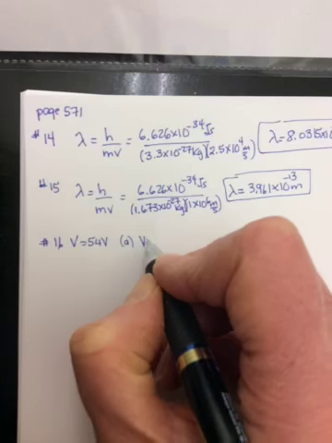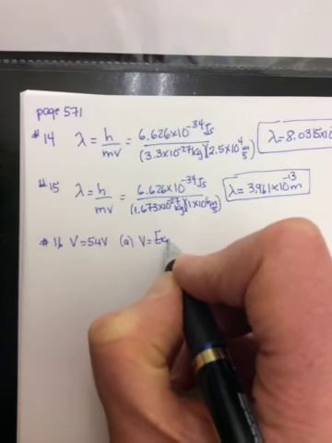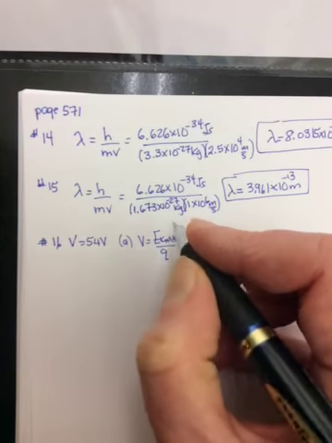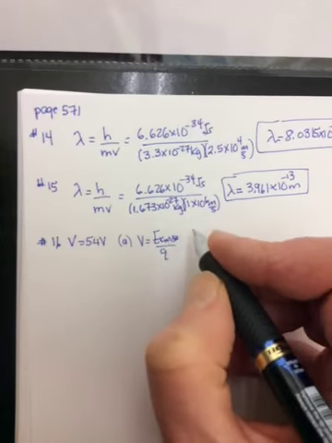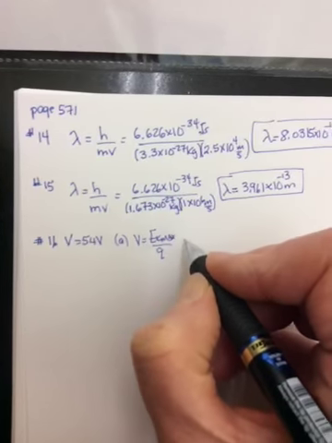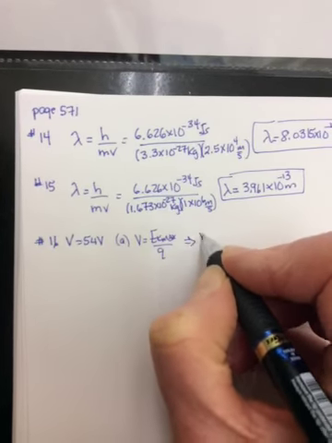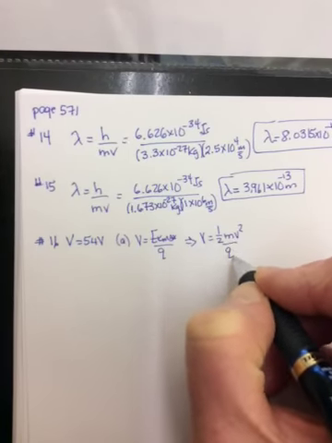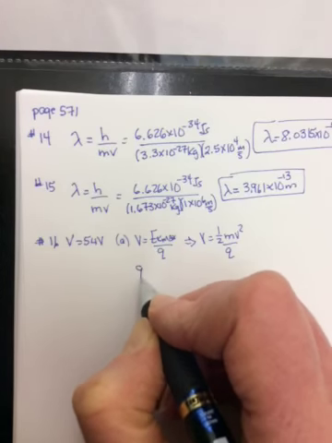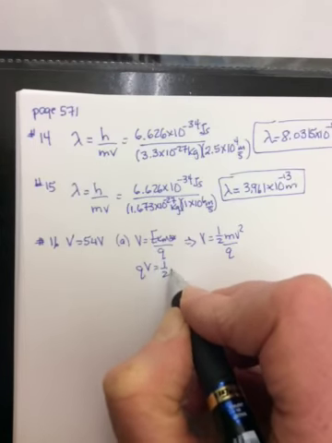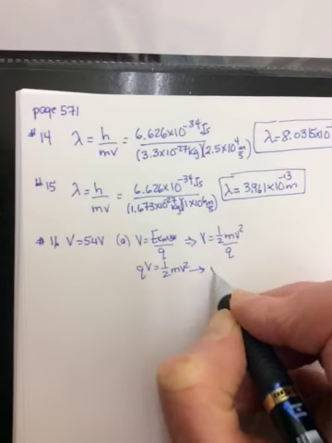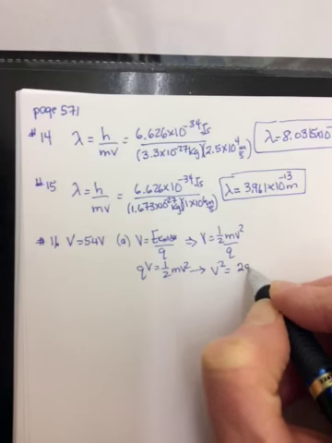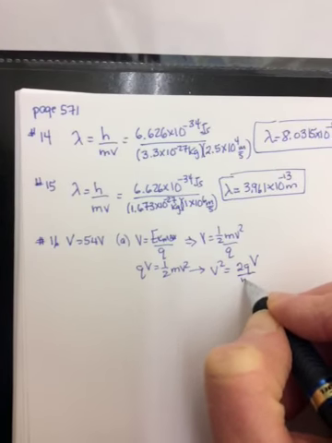But remember that V is equal to EK max over Q. And so you can either find your EK max and then your velocity, or you can say V is equal to 1/2 mv squared over Q. So QV equals 1/2 mv squared. So speed v squared is equal to 2Q times voltage over m.